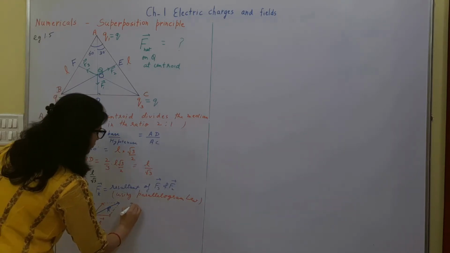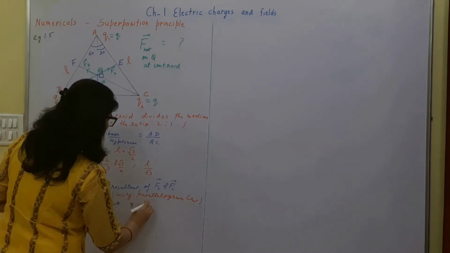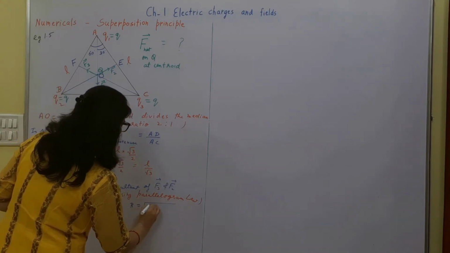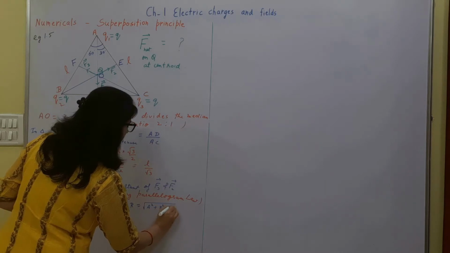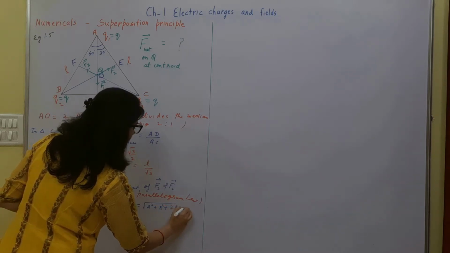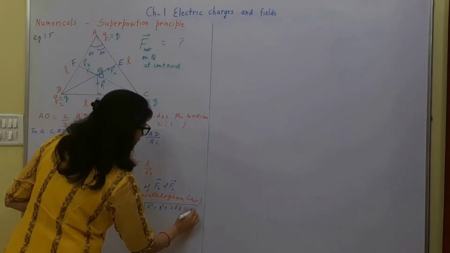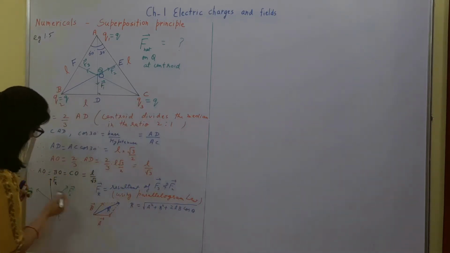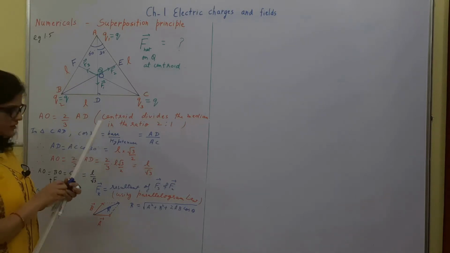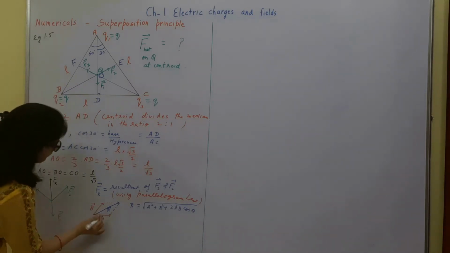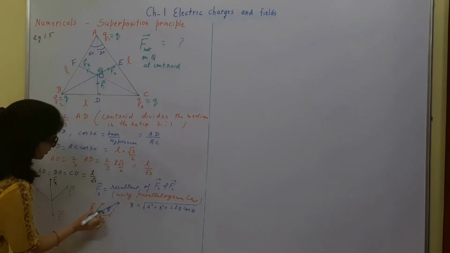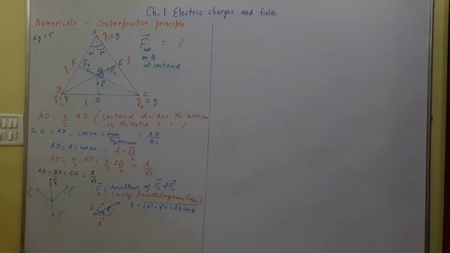So, this formula, the magnitude of the resultant was given by under root of first vector square plus second vector square plus twice of magnitude of first, magnitude of second into cos of angle between the two vectors. If this angle between the two vectors is given here by theta, right? So, in this case, if I have to find the resultant of these two forces F3 and F2, the angle theta will be 120 degree, right?